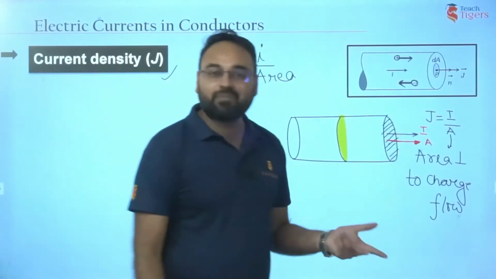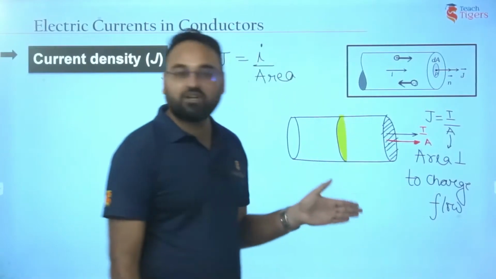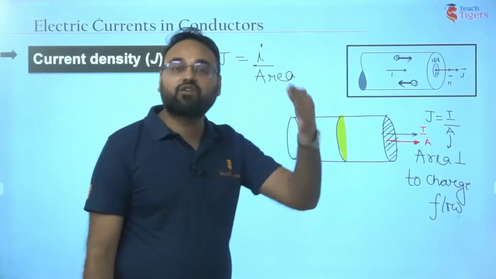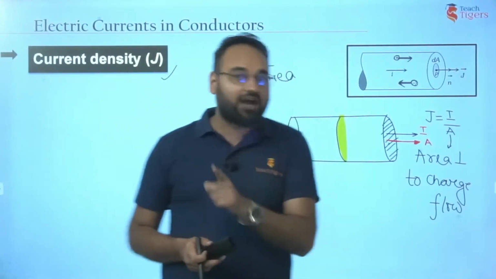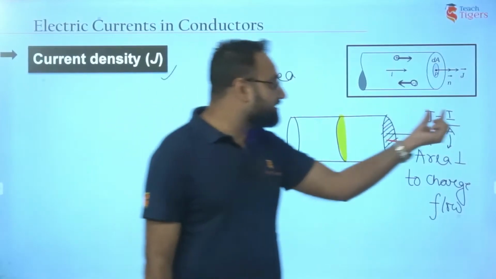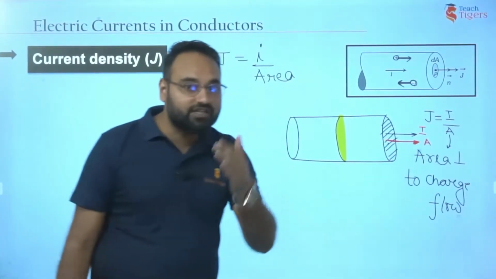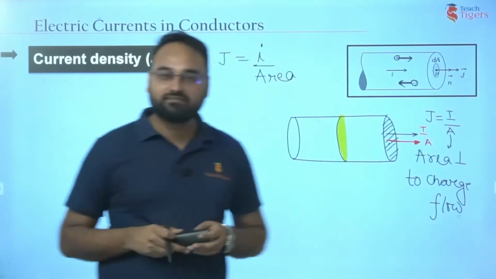Both the vectors are parallel, which means the current is normal to the cross-sectional surface. This is very important: current density is defined as current upon the cross-section area which is perpendicular to the flow of charge.